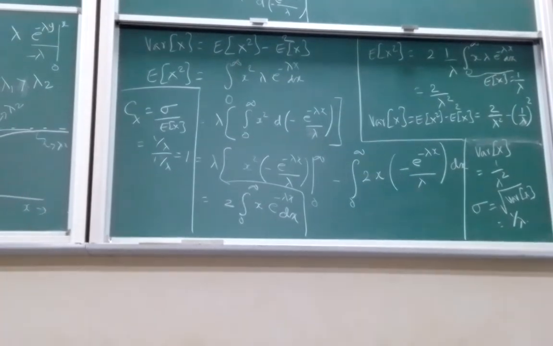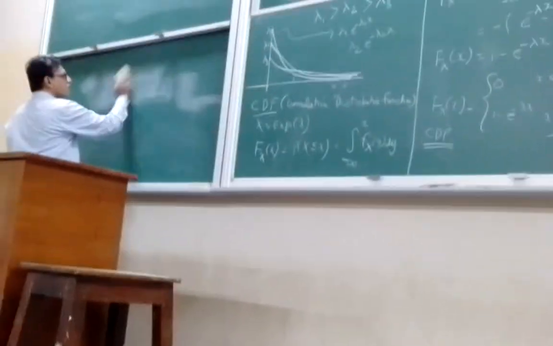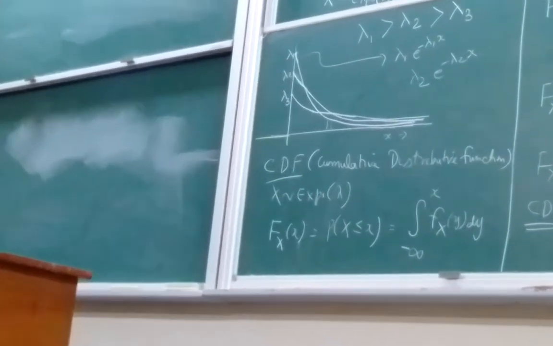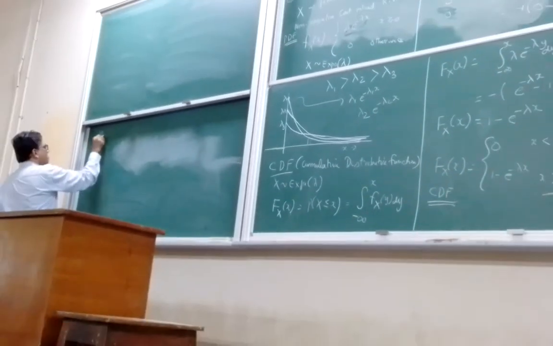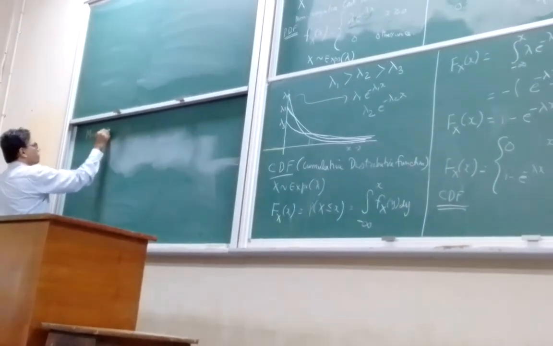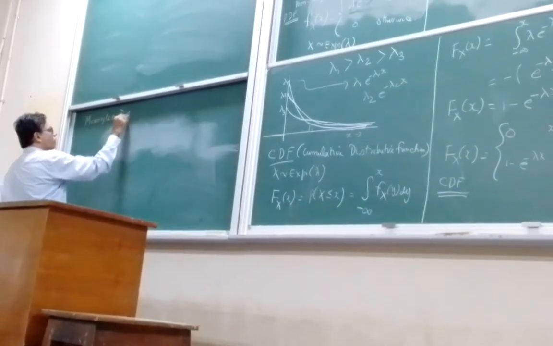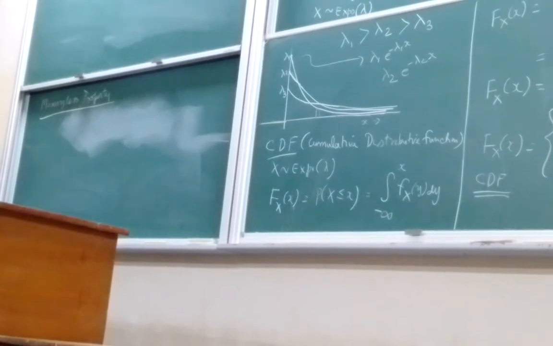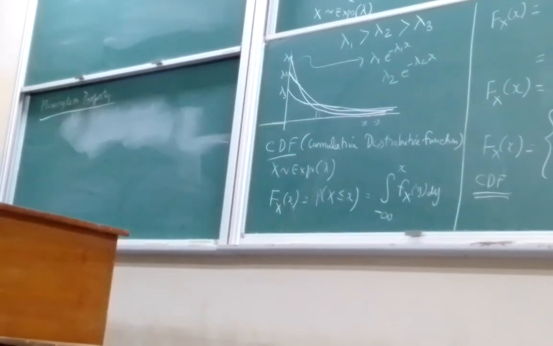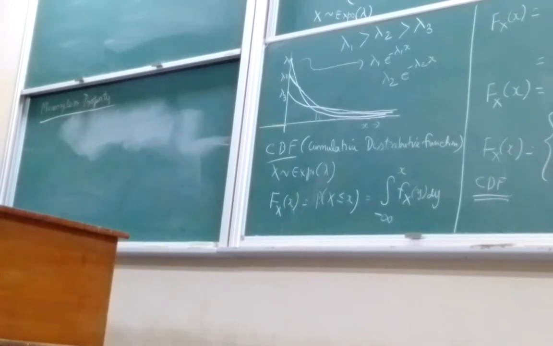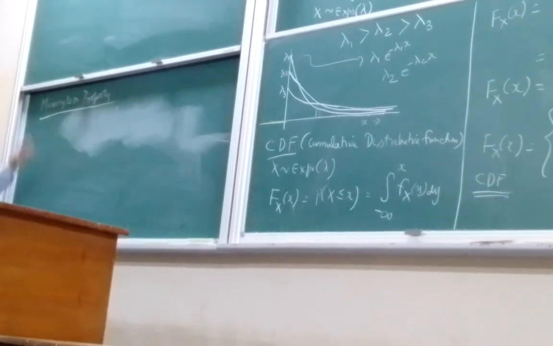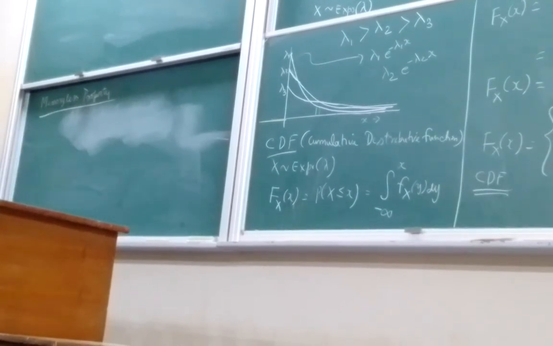Well, then there are 2 other important things. One is that the exponential random variable has a property called the memoryless property. We saw the same kind of property with regard to the geometric random variable, and the exponential distribution also has this property.